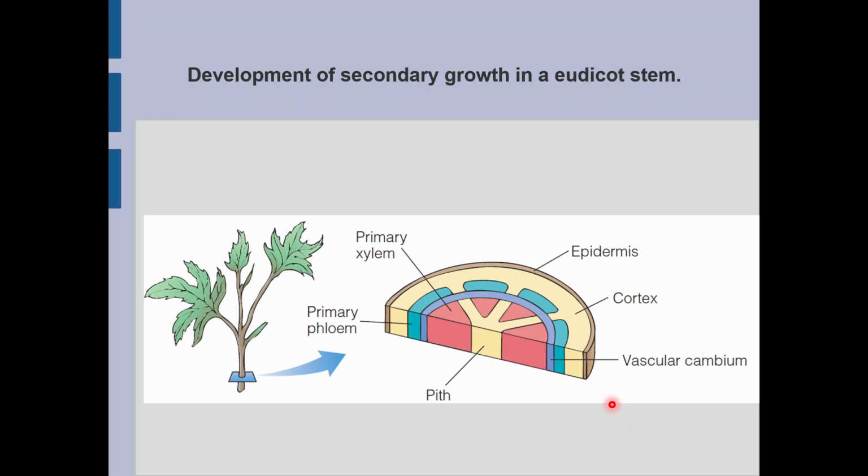The vascular cambium is actually a thin layer of cells between the xylem and phloem, and they also have vascular bundles.